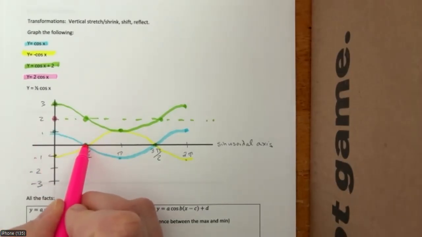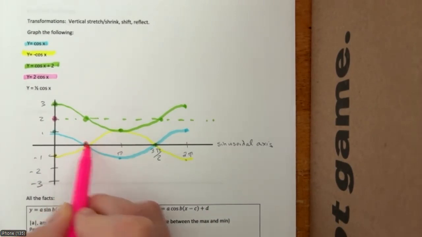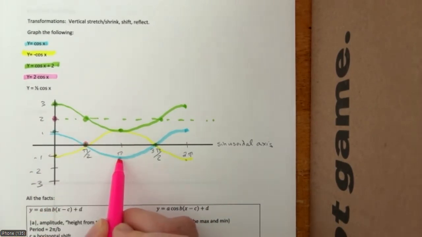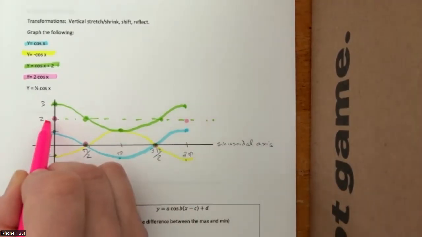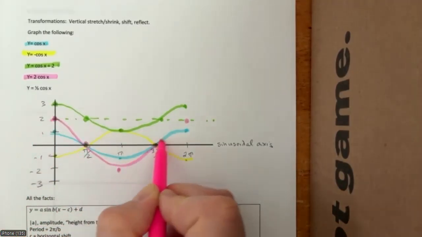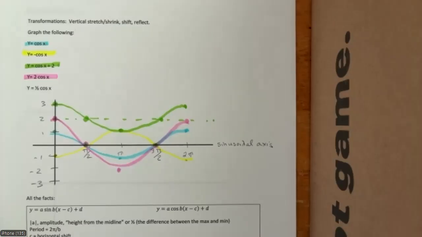This height is 0, so 0 times 2 is still 0. This height is -1, and -1 times 2 is -2. So peak, middle, valley at -2, middle, peak at 2. Hopefully you can see that the pink is the same shape, but stretched taller.